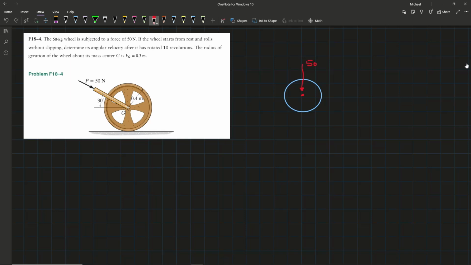So we've got 50 times 9.81 as a weight. Then we have a normal force here. I'm also going to draw that in red, because these are not going to apply in our analysis.